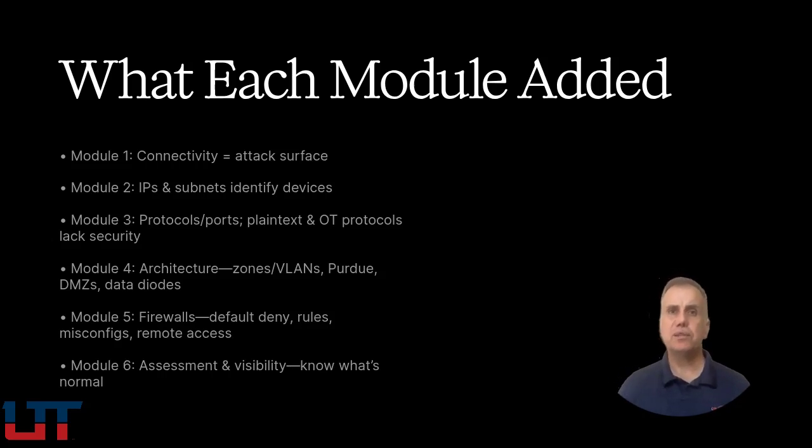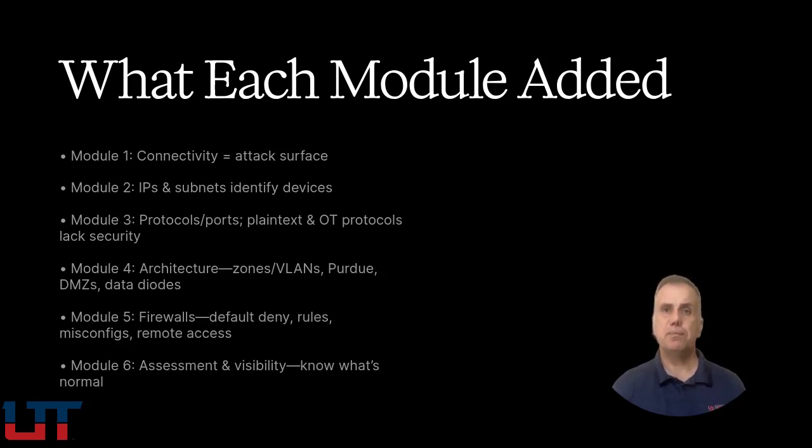In Module 5, we discussed firewalls, the different types, how the rules work, the default deny idea, common misconfigurations, and secure remote access. Firewalls enforce least connectivity at zone boundaries. In Module 6, we covered assessment, or how to see what's actually on the network and decide what's normal and what deviates from normal. Visibility is the prerequisite for everything else.